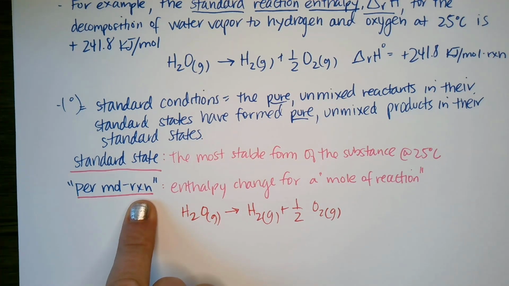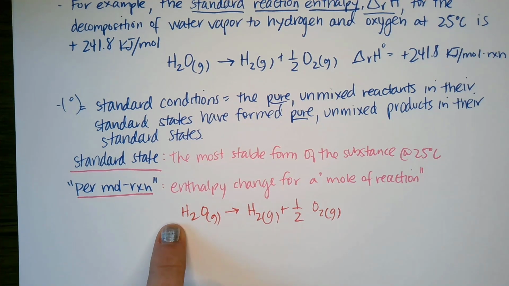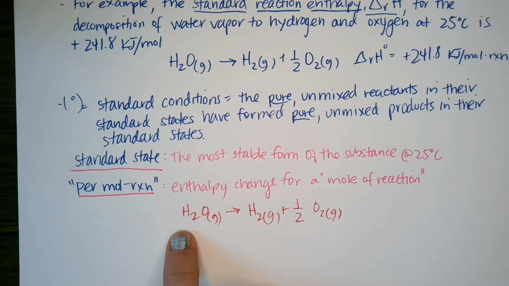The second thing to note is this per mole reaction. This is the enthalpy change for a mole of reaction, and that's also abbreviated as rxn for reaction. If you notice, we have 1 mole of water.